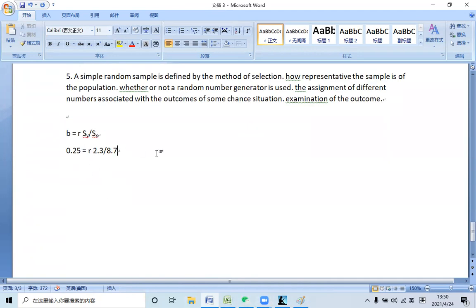So the R value, if you want to convert it, you still have 0.25 times, now you move this part to the other side, and that'll be 8.7 divided by 2.3.